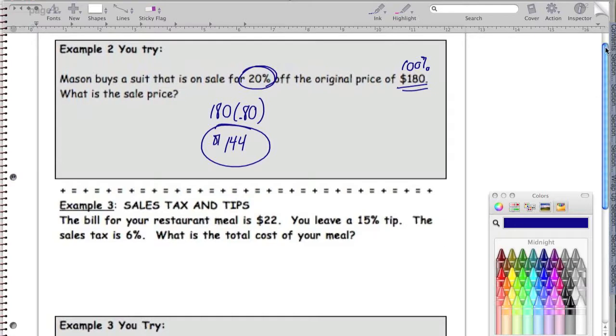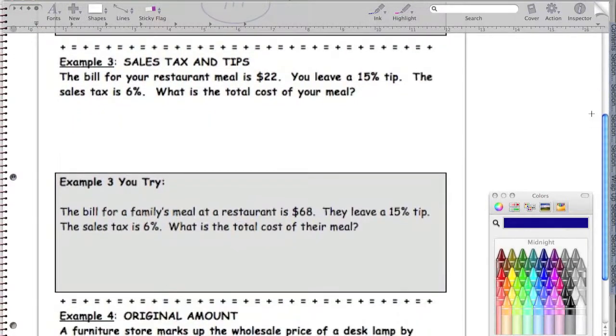Okay? Sales tax and tip. The bill for your restaurant meal is $22. You leave a 15% tip. The sales tax is 6%. What is the total cost of your meal? Okay, so here, the meal is $22, so that's 100% of itself. Whatever your initial amount is, 100% of yourself.